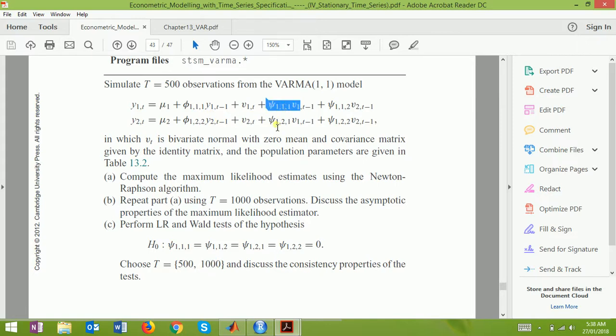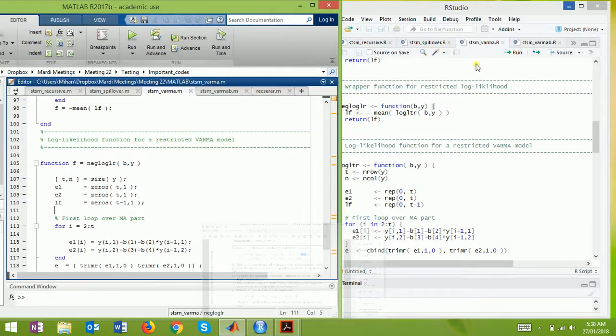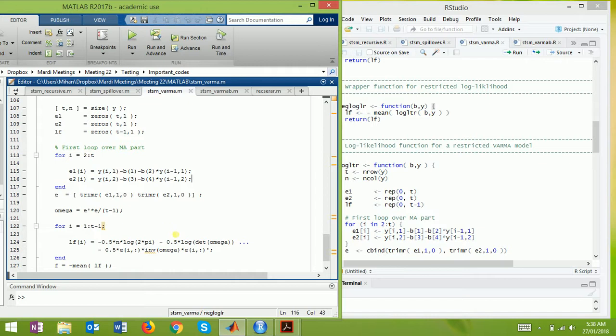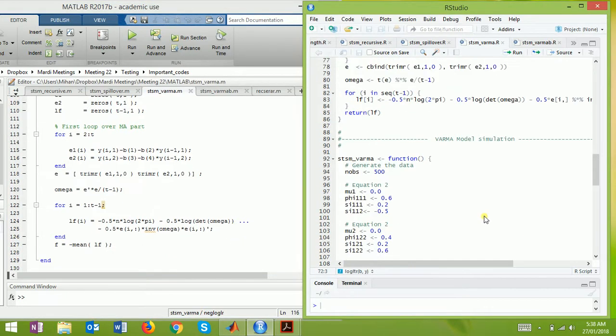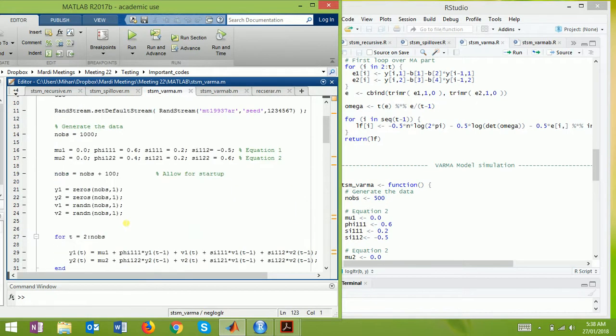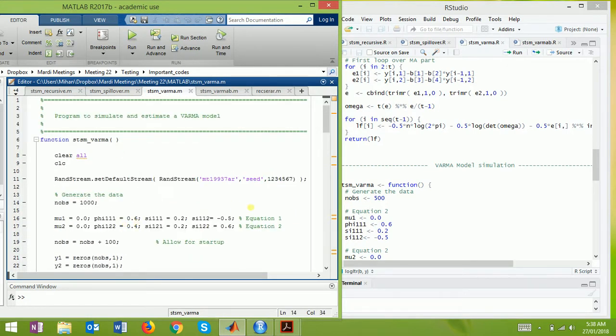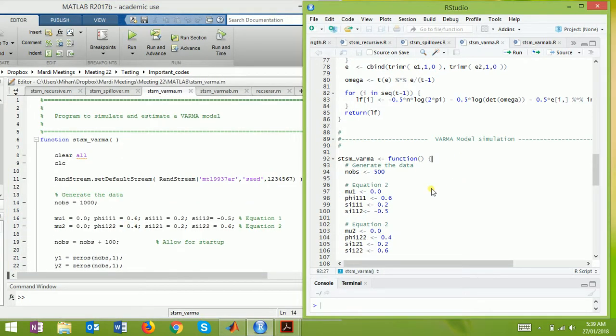Everything that has a moving average parameter or coefficient, we discard. Everything else in the coding part remains the same, no change. And then, as we have set the first step for our simulation, we move on.